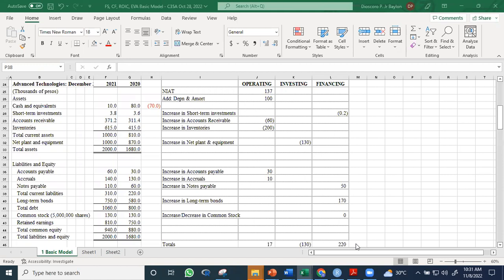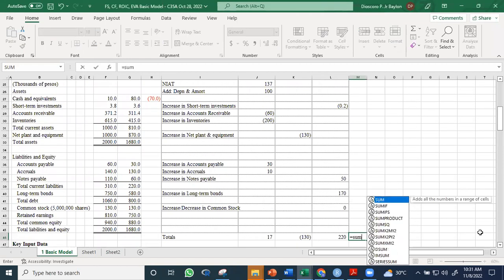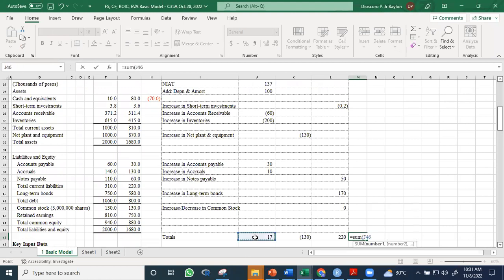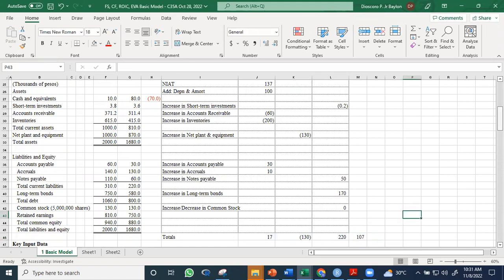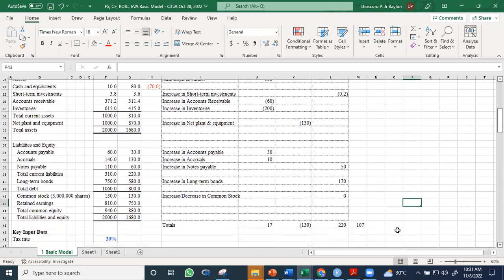So if we add everything, let's get the sum of this. Positive 107. So there was a net cash flow of 107. And how does that compare with the cash difference in our balance sheet?